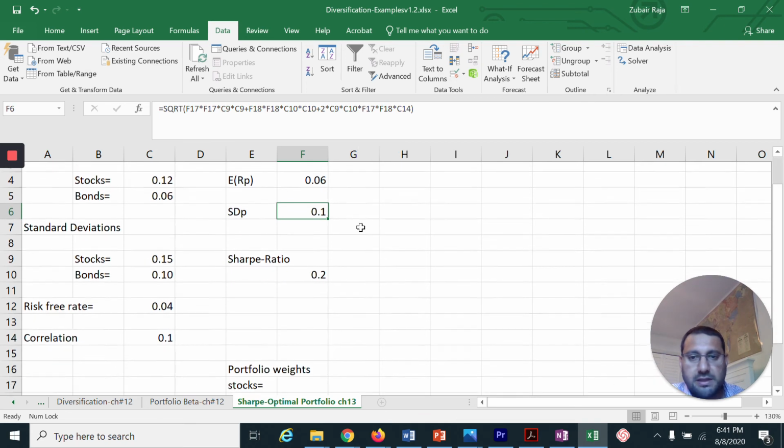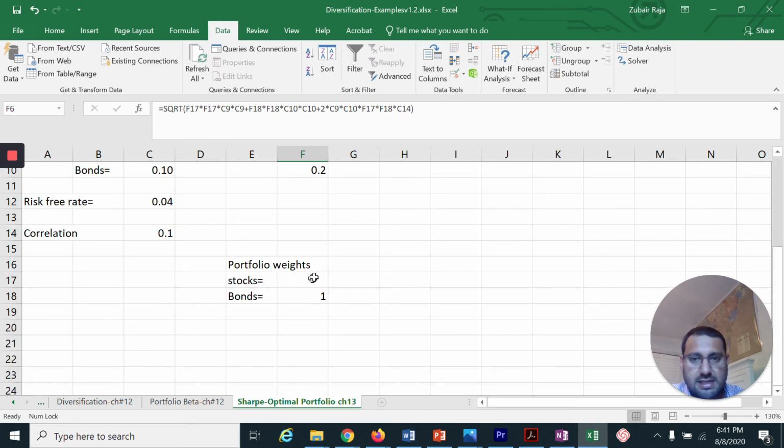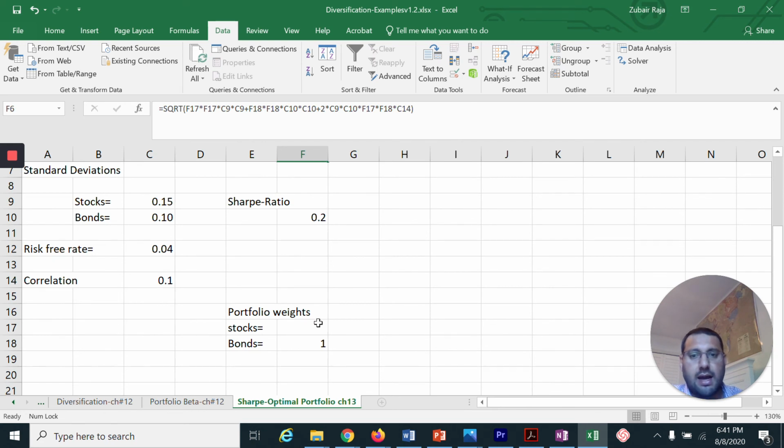Now, with the solver tool, this is my target cell, the Sharpe ratio one. I'm asking the solver tool to keep changing the weights in such a way that this Sharpe ratio should be maximum.